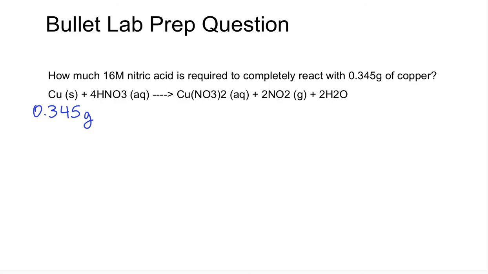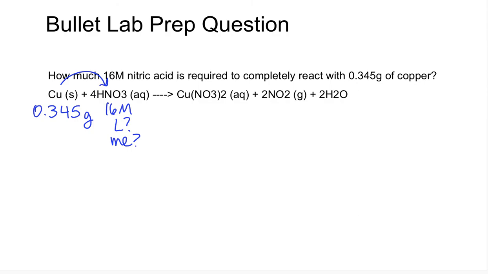And our job is to figure out, okay, how much of this crazy concentrated nitric acid do we need to add in order to react all of my bullet? So we have this 16 molar, and we want to know what volume, and I'd rather convert it to milliliters because that's easier to measure, is required to react all that copper. So this is just your ordinary moles of known, moles of unknown, find what you're looking for.